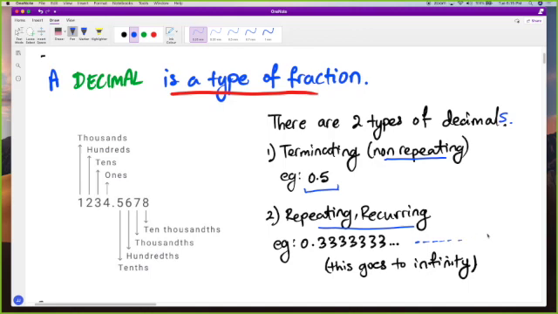It could go to infinity sometimes. Of course, a decimal like this means that we could never know the true value of it. We could never know exactly what it is because it goes to infinity. It never stops. So we have the repeating, recurring decimal, and we have the non-repeating decimal.